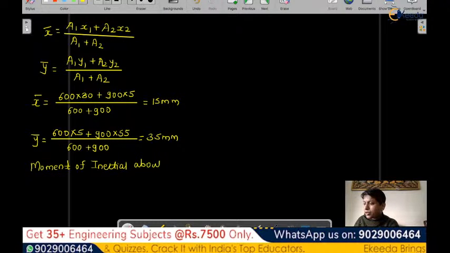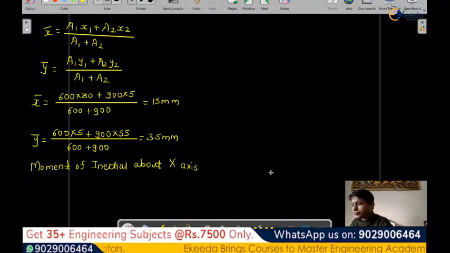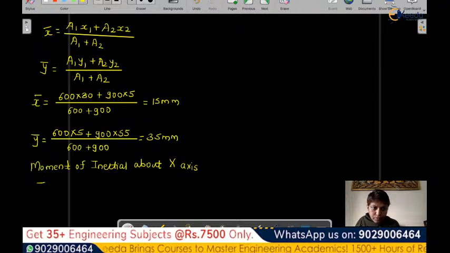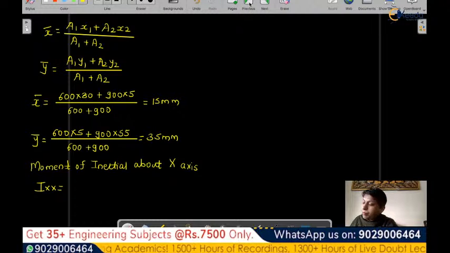Moment of inertia about x-axis, Ixx. So what is the formula for moment of inertia about x-axis? You remember?